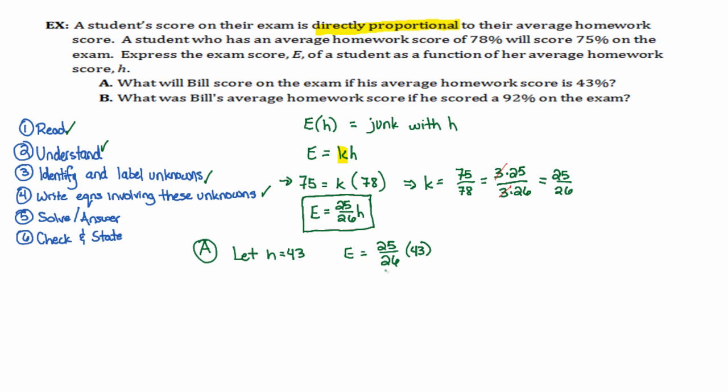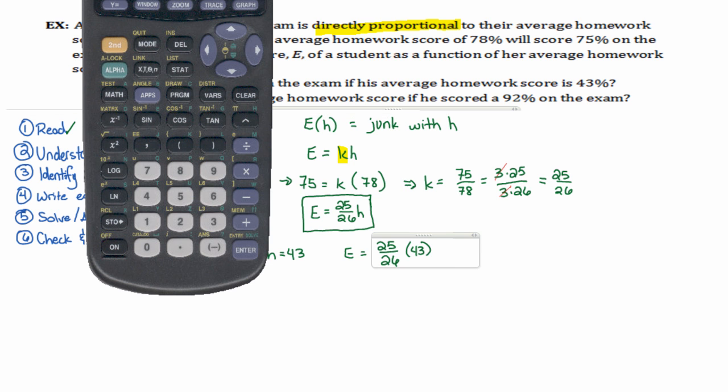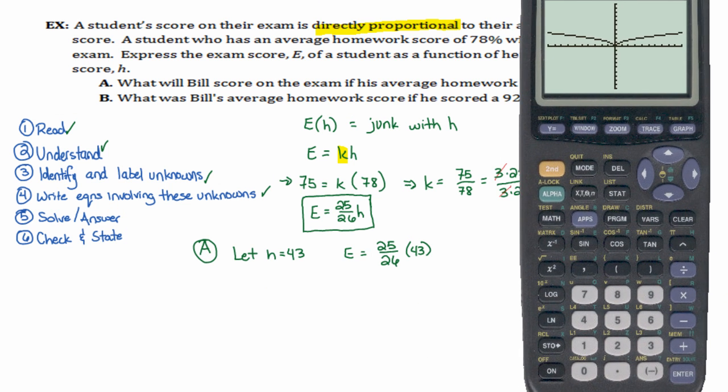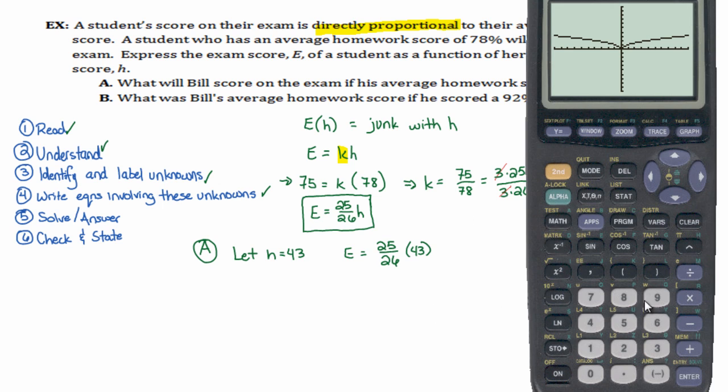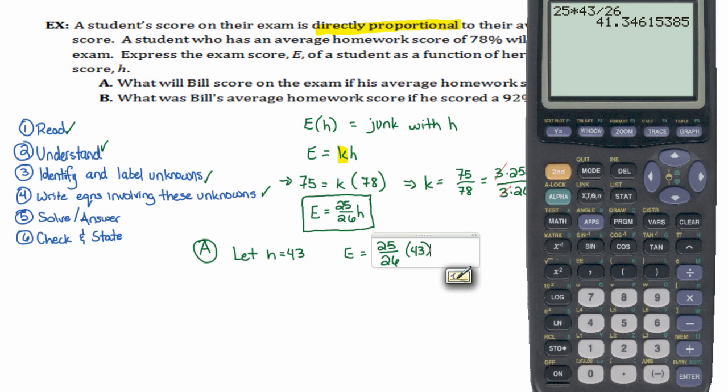Now, in this case, I would prefer to use some type of calculator here because I don't want to have to do this all by hand. So I'll do 25 times 43, let's see, divided by 26. So 41.3, let's just pretend. So I'll write this out here.